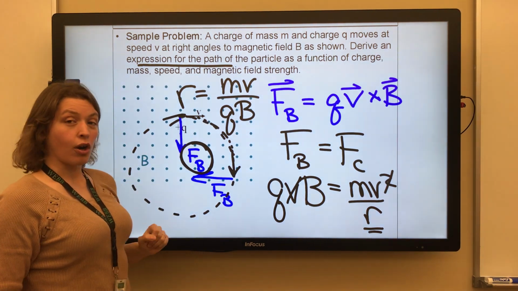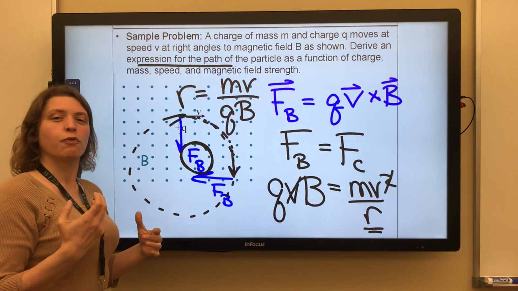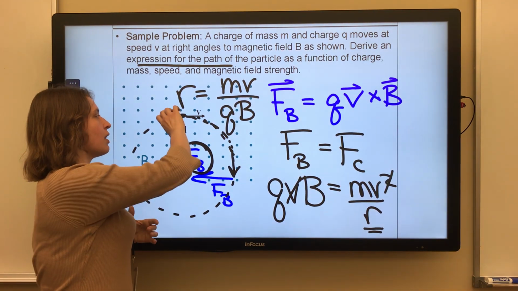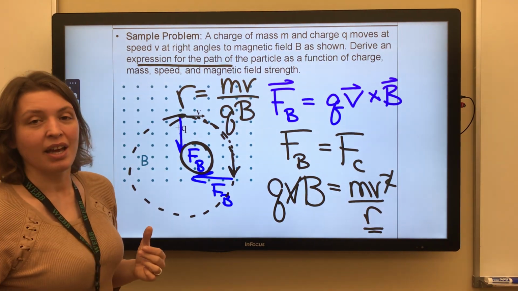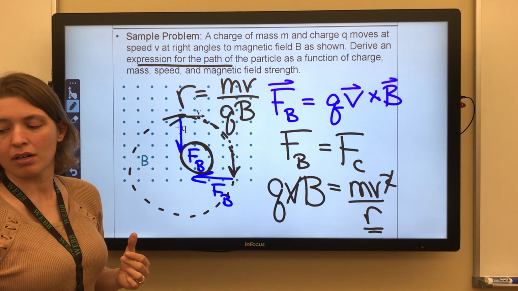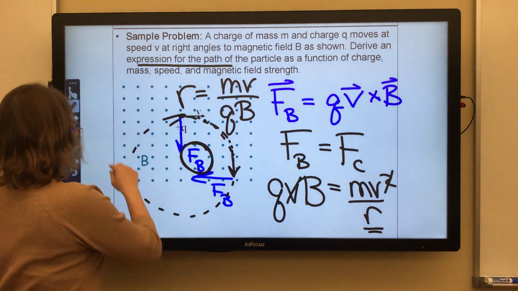However, the more charge there is, the more it's going to be affected, the bigger the force it's going to experience. And so that would make for a tighter curve if we have a larger charge on the object. And the same with the magnetic field strength. The stronger magnetic field can pull that charge along more rapidly.